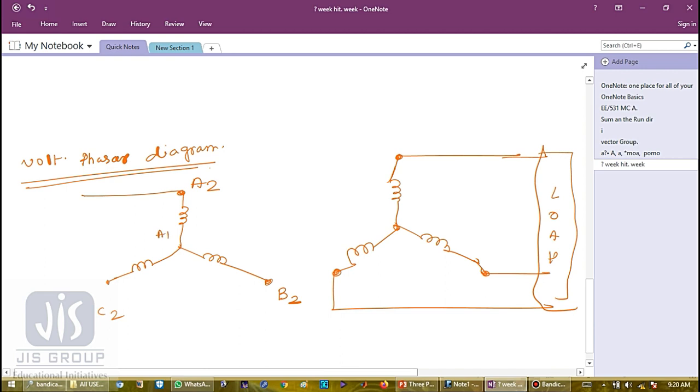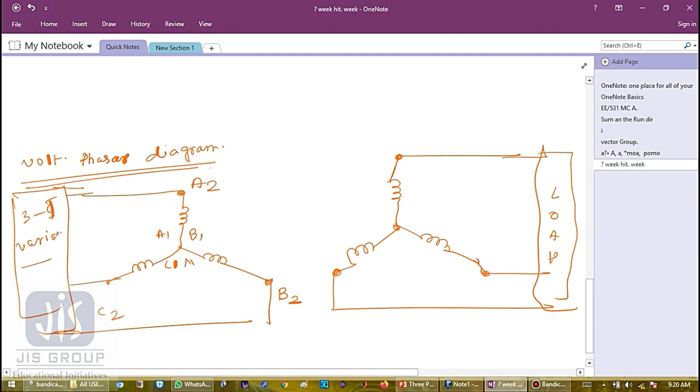So this is A1, B1, C1, which form the neutral point, and this is connected to an AC voltage source. This is connected to a three-phase variac, a three-phase autotransformer, which is providing the AC supply.